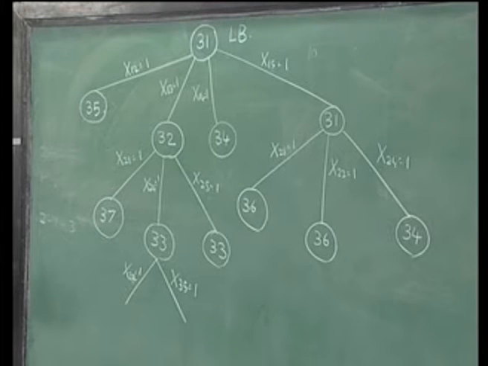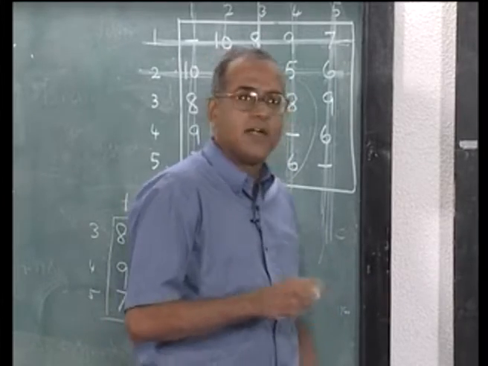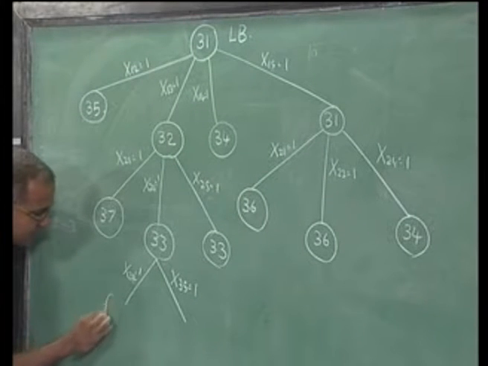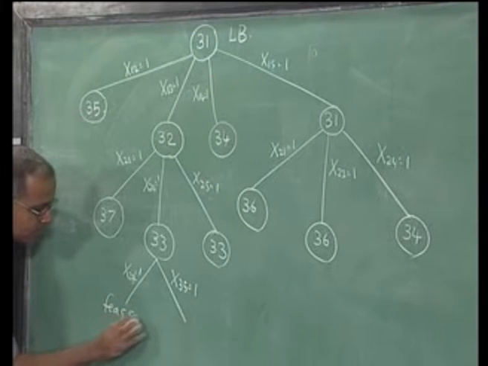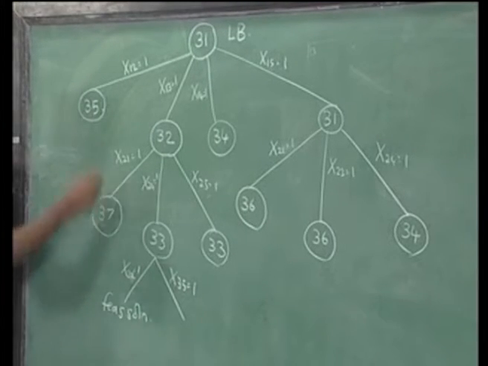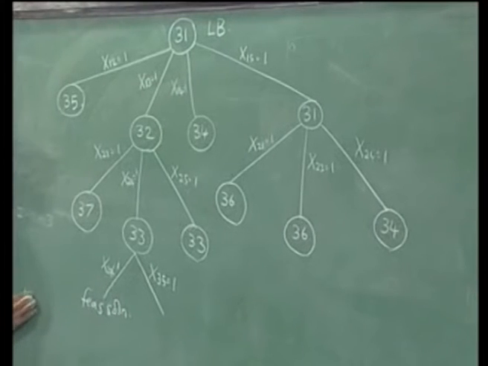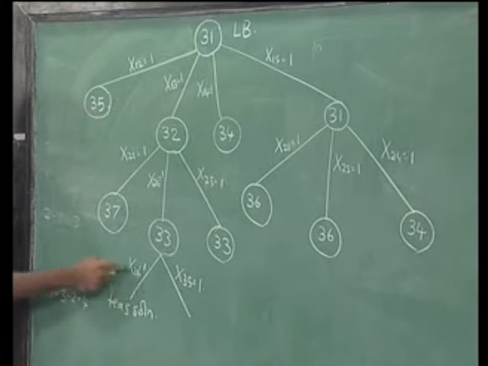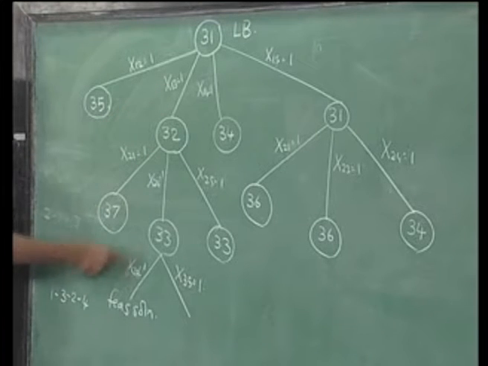Whenever I have 2 more terms to go, I do not find the lower bound, I would only find the upper bound or the feasible solution. So, I try to find a feasible solution here. And how do I find the feasible solution? I have 1 to 3, 3 to 2, 2 to 4.